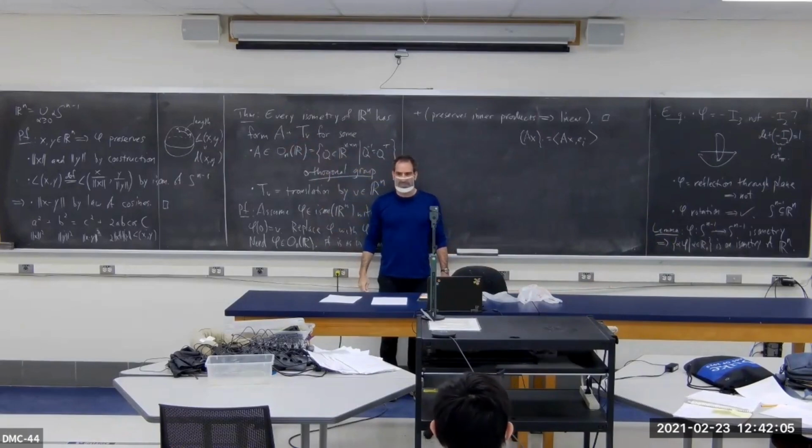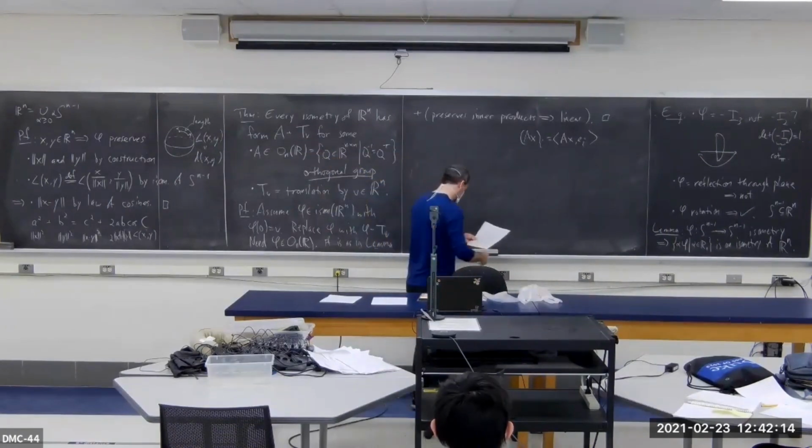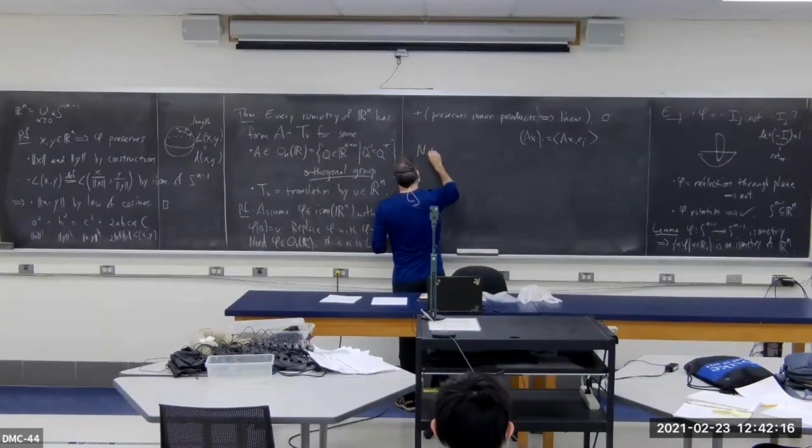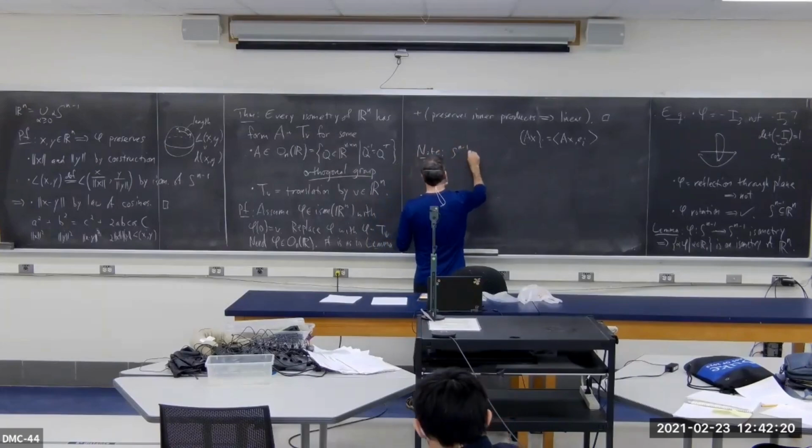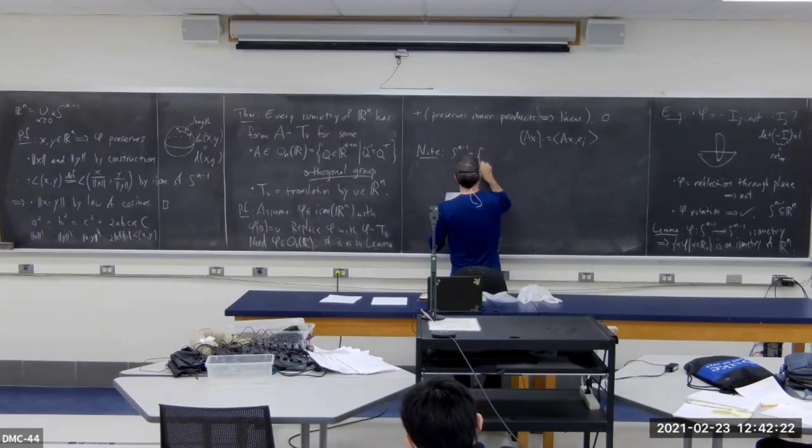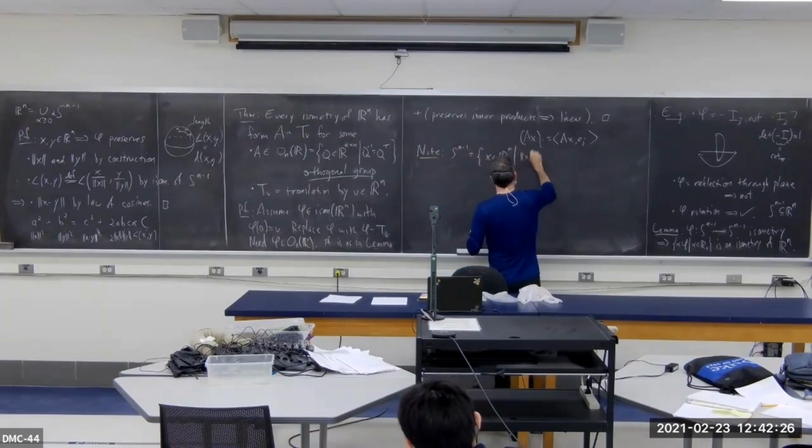Well, you can't translate it because then it would shift S1. So v has to be 0. The t sub v part is actually 0. The note here is that Sn minus 1 is the set of x in Rn such that the length of x is equal to 1.